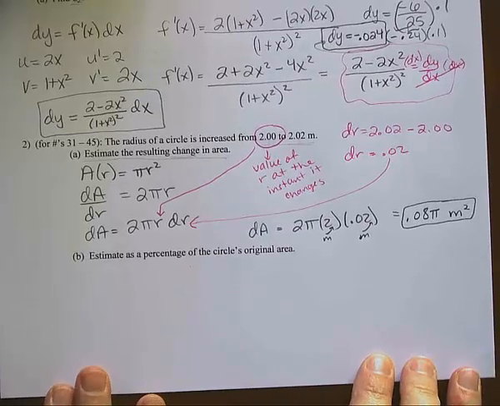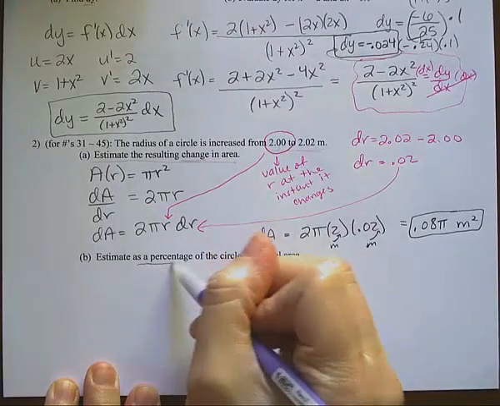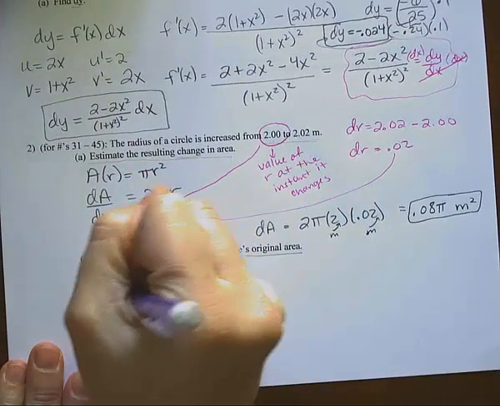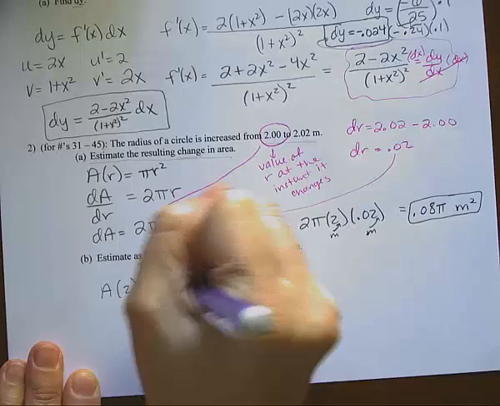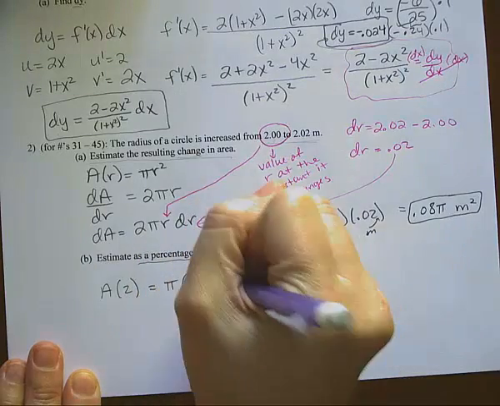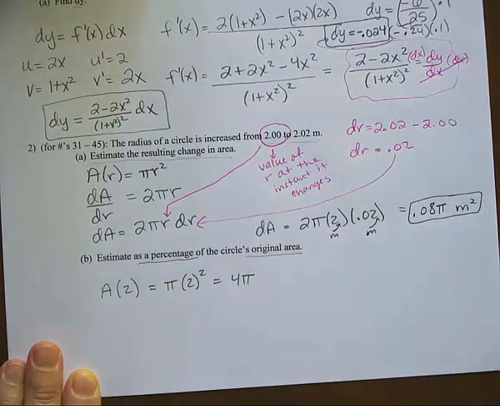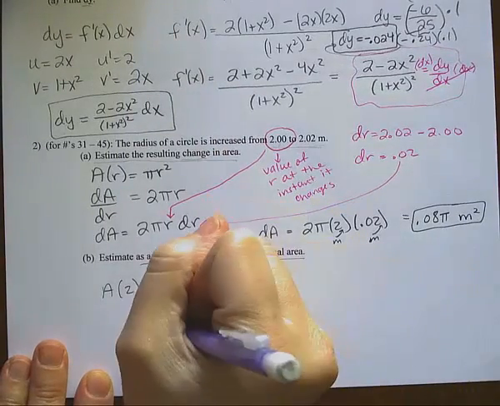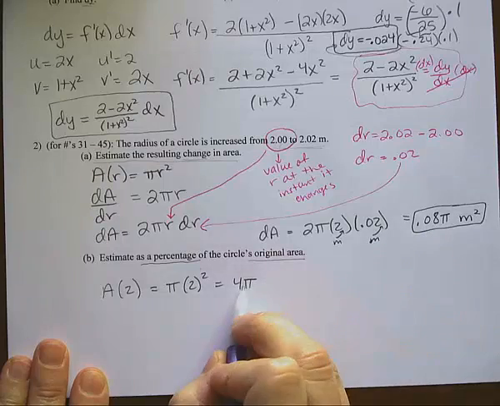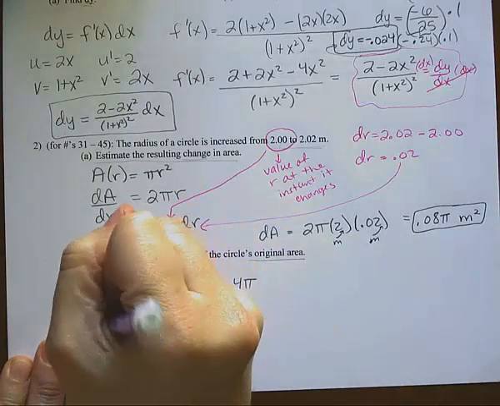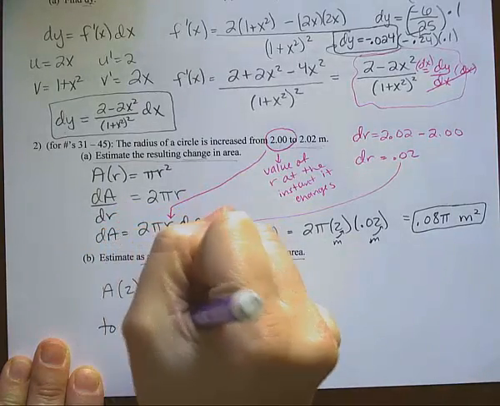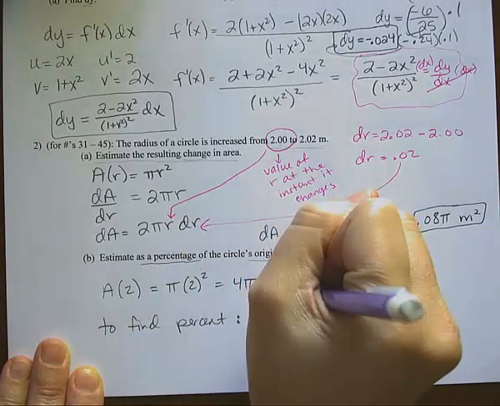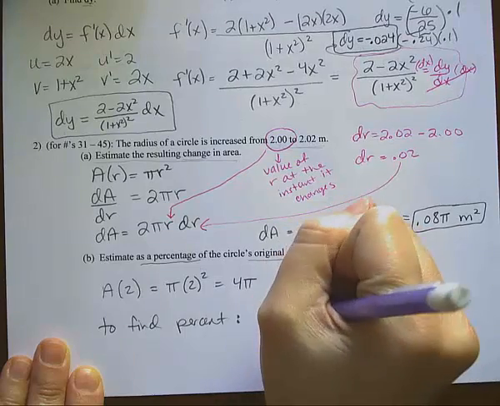Now, if we wanted to estimate as a percentage of the original area, we go back and we find what the original area was. We figure out what the area was when the radius was 2, and that area was 4 pi. This is how much the area changed. So I just want to figure out what this is as a percent of the original area, so I just simply divide. The change, 0.08 pi, over the original.